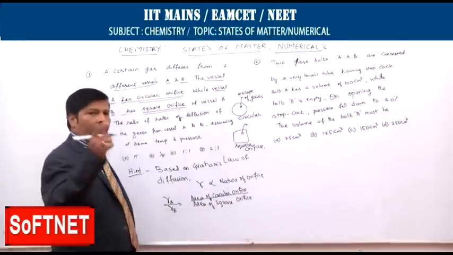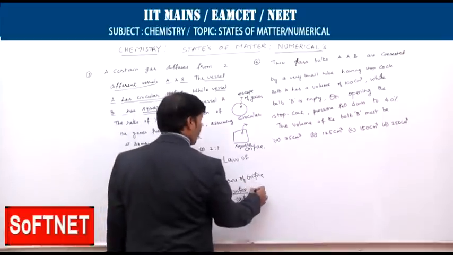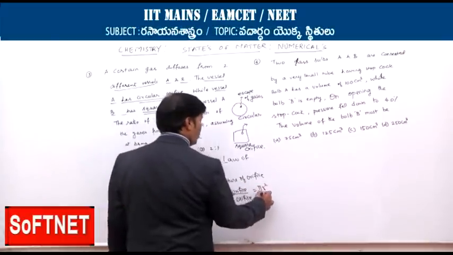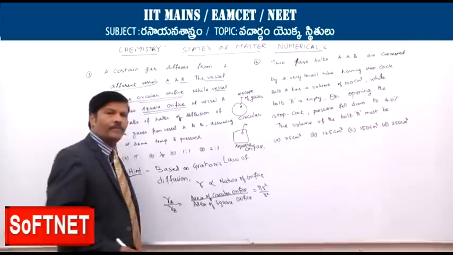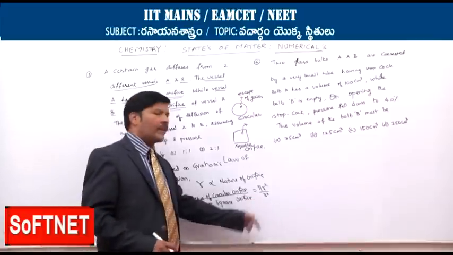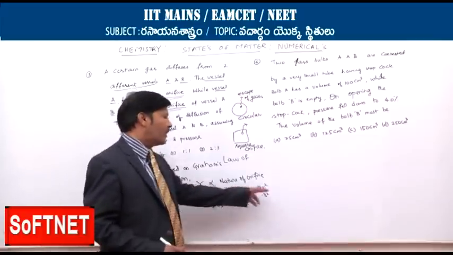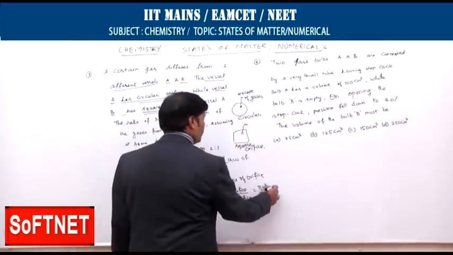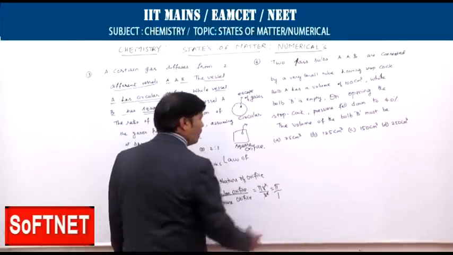So area of the circular orifice, we know it is pi r square, and area of the square orifice, we know it is r square. So r square gets cancelled. So finally you are going to get pi by 1.